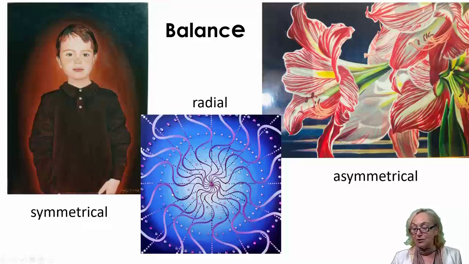Whereas we move over, I'll talk about asymmetrical now, and that simply means that if you divide the space, the plane, in half, you will see that it's different on both sides, whereas this one was the same or similar on both sides.